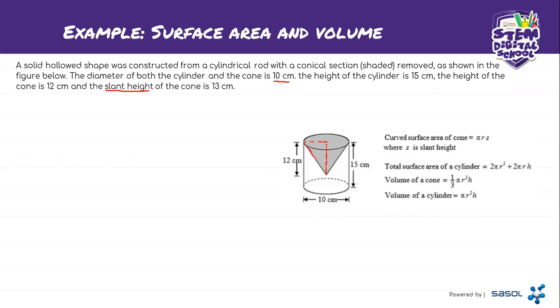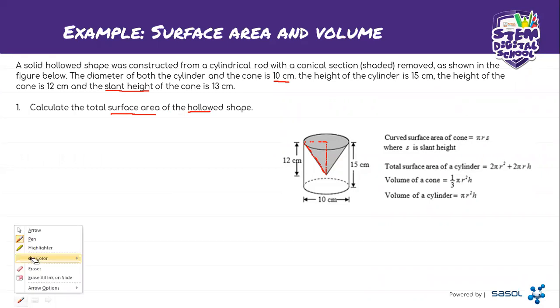Let me just show you with this pen. So this is the slant height that we are referring to, and it is 13 in this case. Now, the first question that we have to address on this one, it says calculate the total surface area of the hollowed shape. Now this hollowed shape is which portion? Let me just show you. Let me just remove this now.